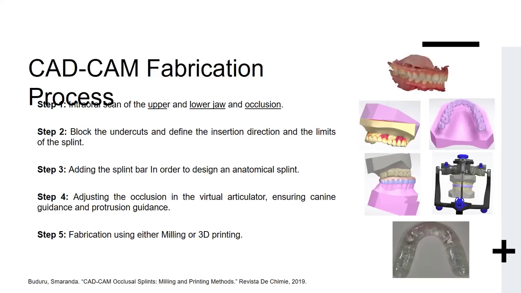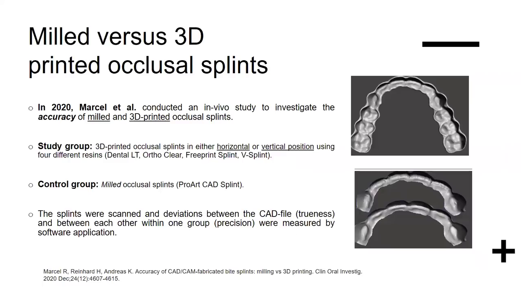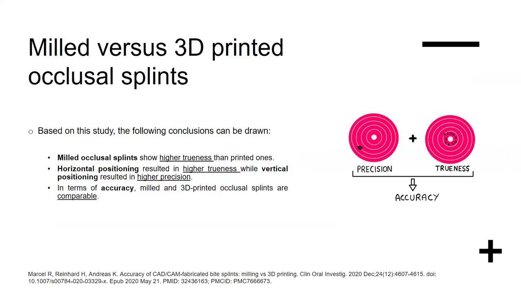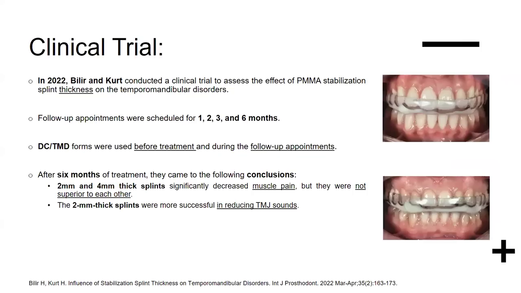On this slide, exactly, I was going to talk about something. First of all, let me go back. This was one of the images. Sorry, I'm going downwards, I needed to go up. This study by Baylor talked about 2 millimeter and 4 millimeter thick splints.